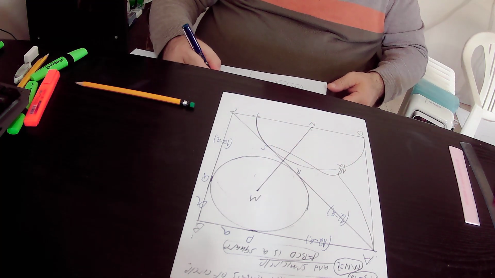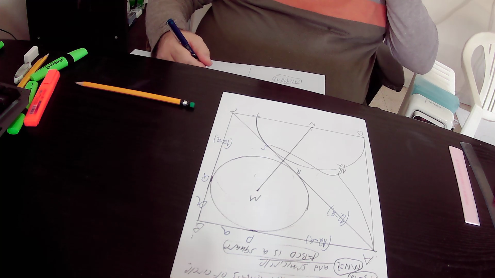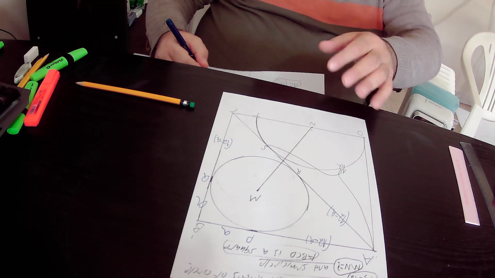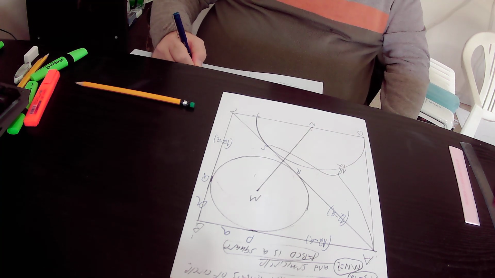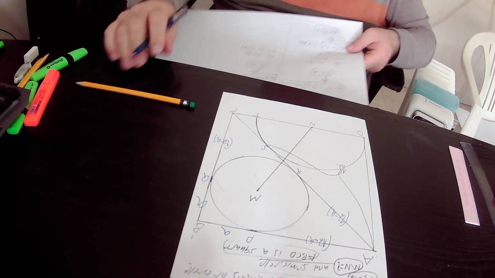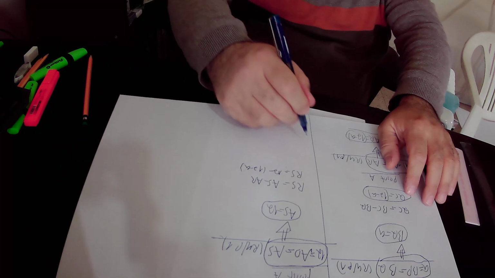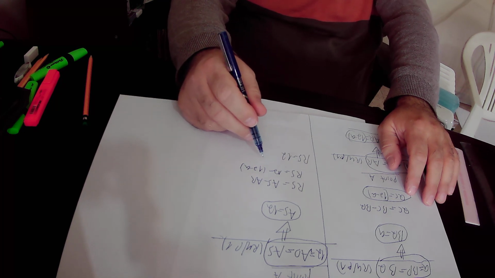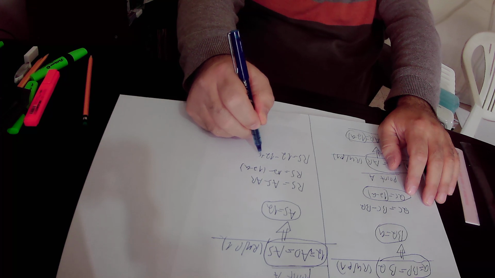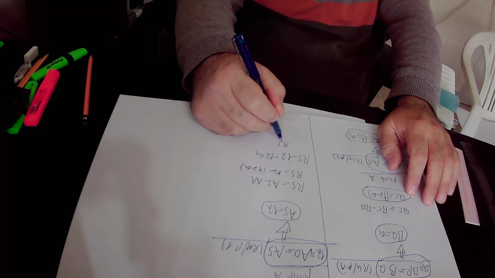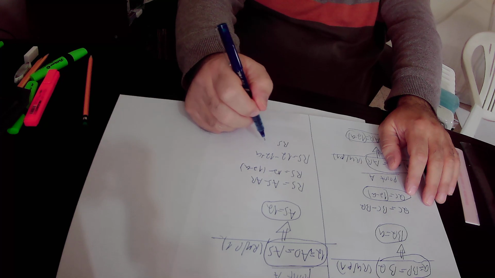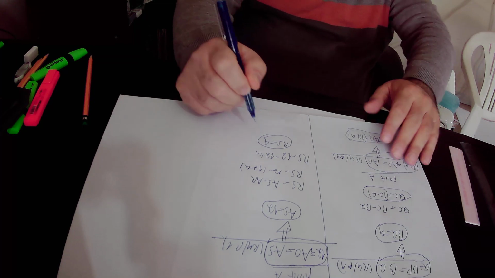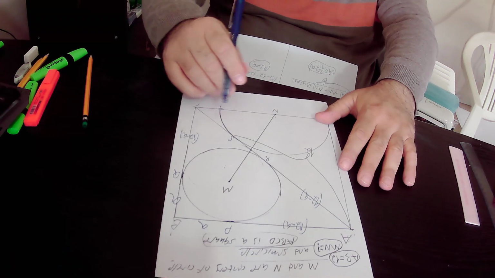That is to say, RS equals AS, that is 12, minus AR, that is 12 minus A. So in conclusion, RS is equal to 12, we'll open the brackets, minus 12 plus A. 12 minus 12 is 0, minus and minus is plus, so we found out that RS equals A. So we can write here that RS equals A.